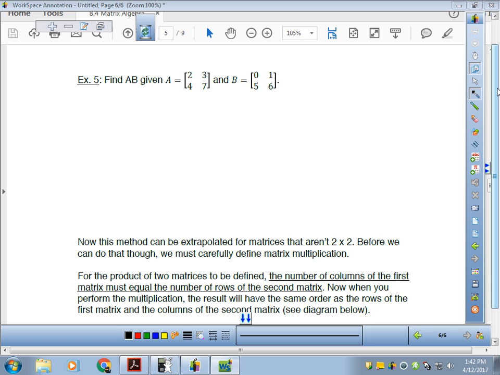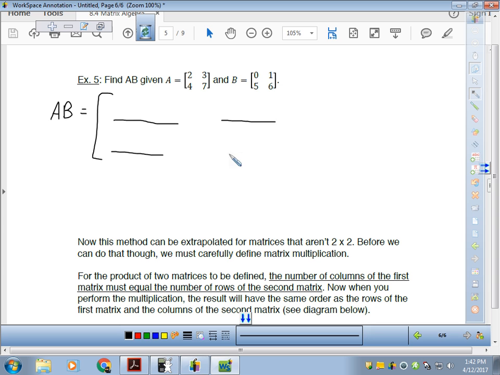Example 5 asks us to find A times B, given that matrix A is 2, 3, 4, 7, and matrix B is 0, 1, 5, 6. So AB is going to equal, well, first off, I'm just going to draw some blanks so you can kind of see where we're working. Okay, so we're going to end up with a 2 by 2 here.